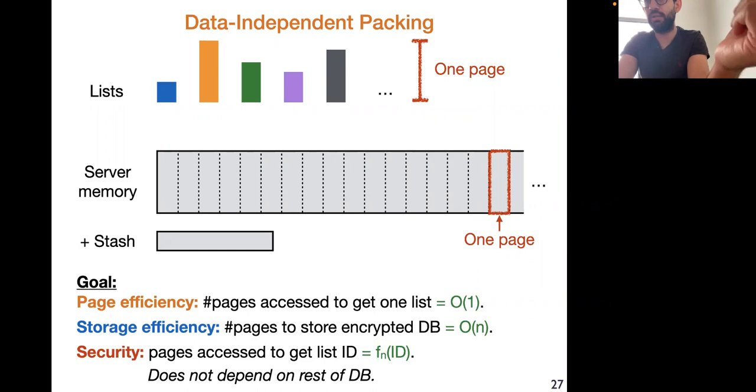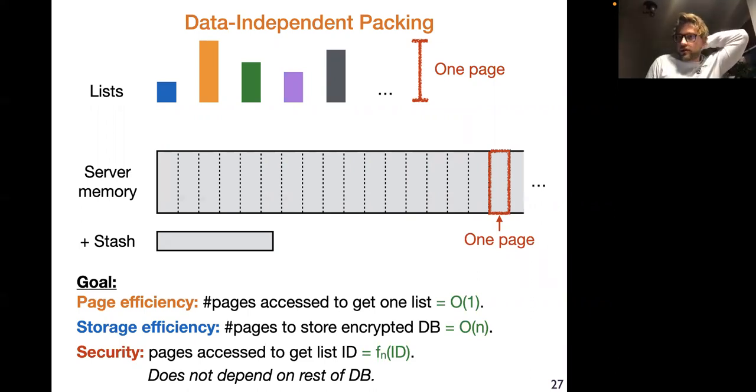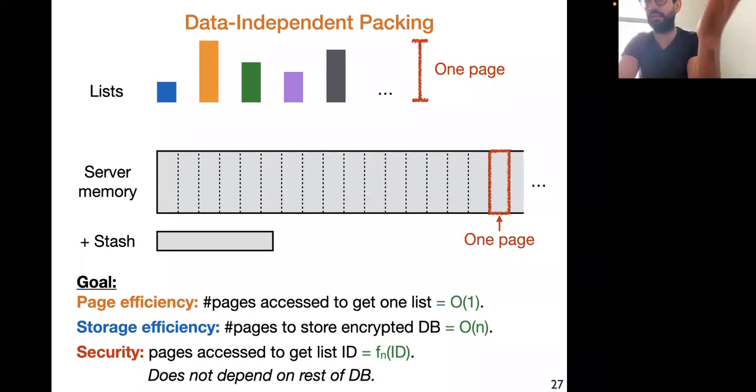So in the details that we are going through right now, are you assuming that the server memory or the number of pages is fixed independently of the size of the database? Because when you mention storage efficiency, it feels like it's a function of the size of the database, while the way I would think about it is just a constant, a parameter as well.